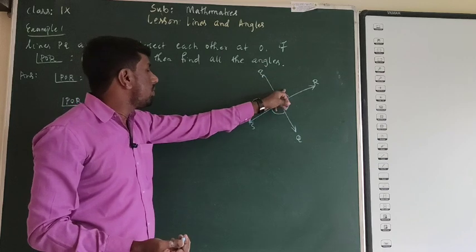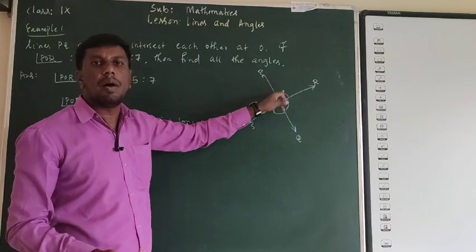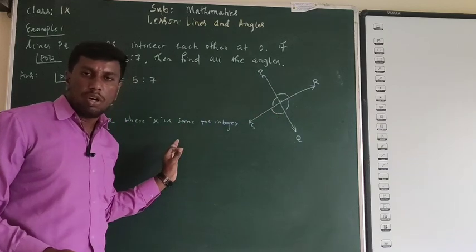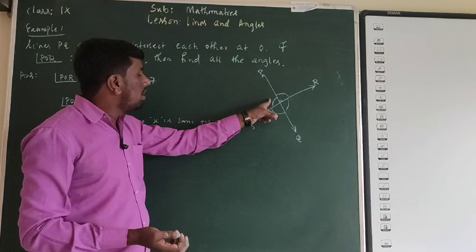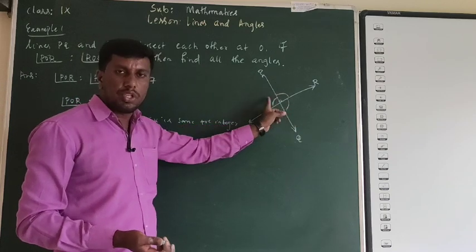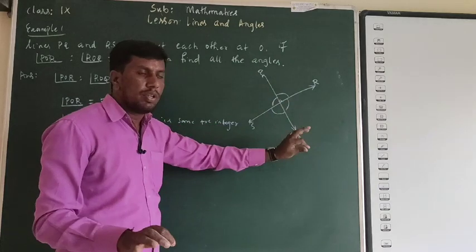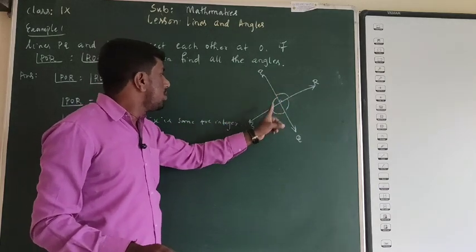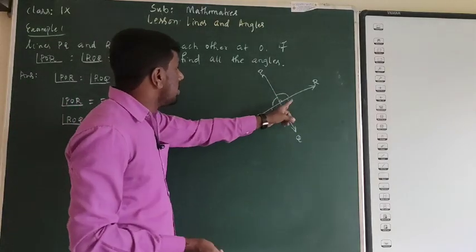If this is 40 degrees, this should be 40 degrees because these two are vertically opposite angles. We have proved theorem 1, vertically opposite angles are equal. If this angle is 50 degrees, then this should be 50 degrees. So these two must be equal. So if I find out this and this, then that is enough. So let me find out this and this.